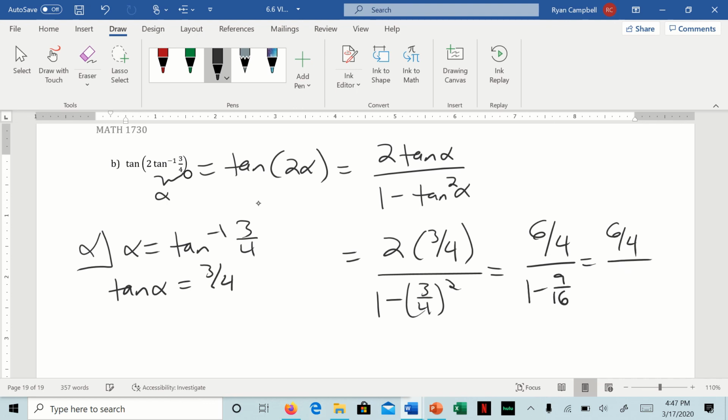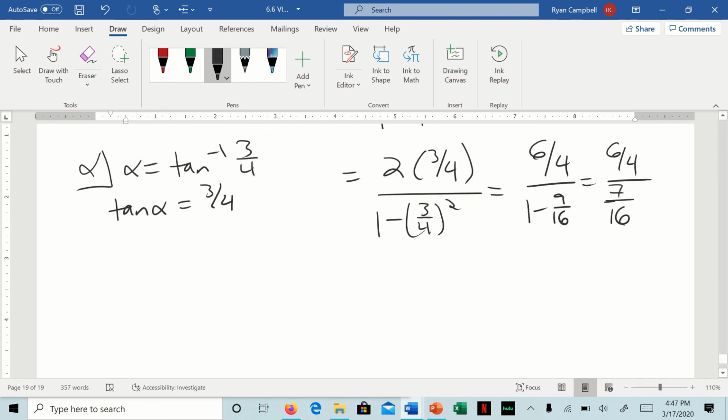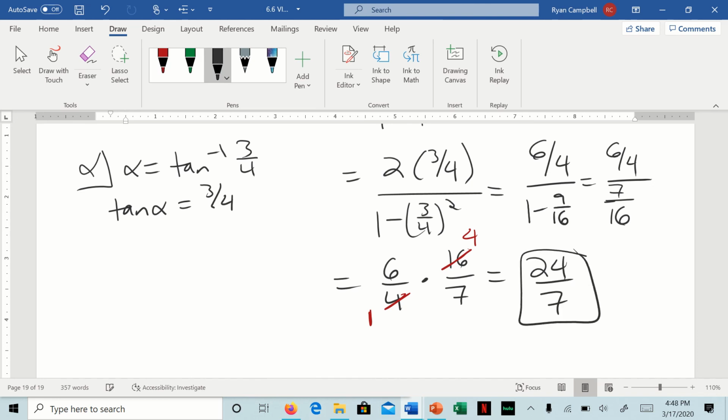So if we subtract the bottom, we end up with positive 7/16, right? The way to divide fractions is by multiplying the reciprocal. We can cancel these out. 16 divided by 4 is 4. 4 divided by 4 is 1. And so what we end up with is 24 over 7, and we're done.